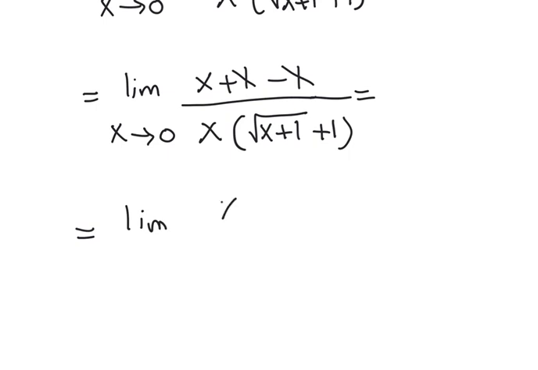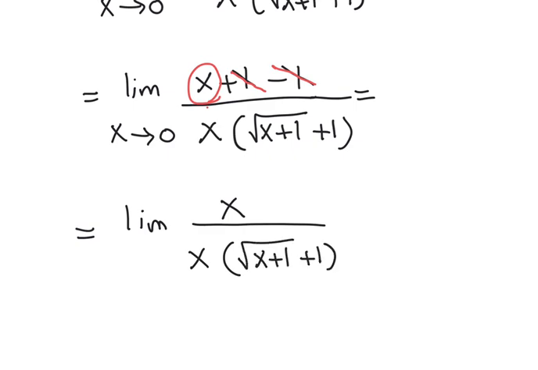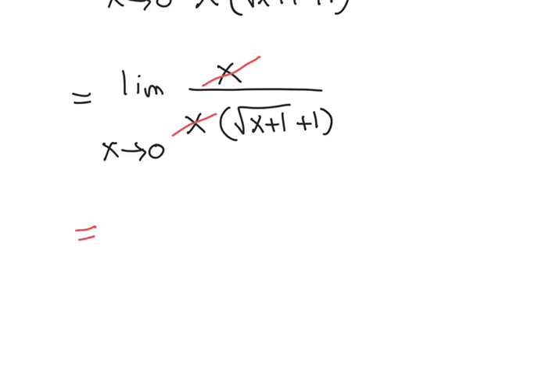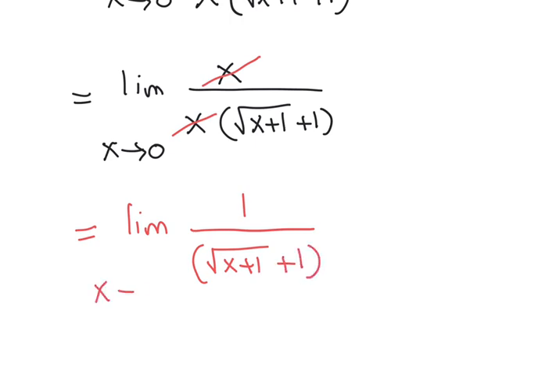So equals the limit of x. You cancel 1 by 1, you only have x, so it is x over x times root x plus 1 plus 1 as x goes to 0. You can cancel x by x now, equals the limit of 1 over root x plus 1 plus 1 as x goes to 0.